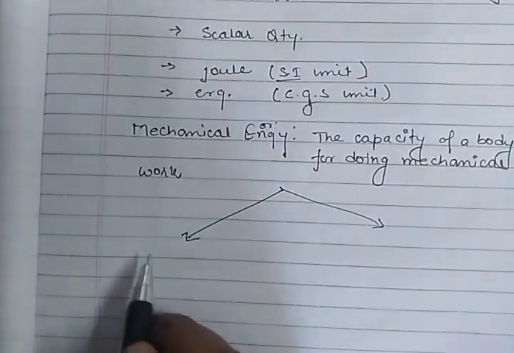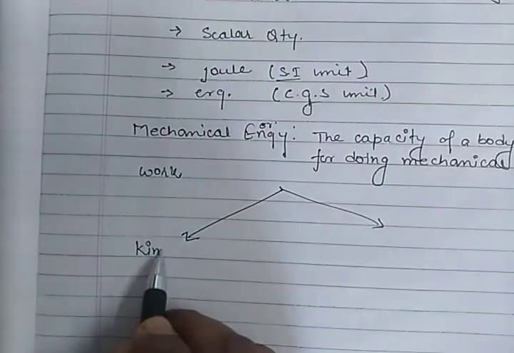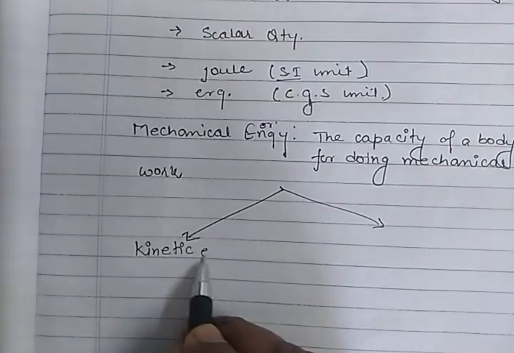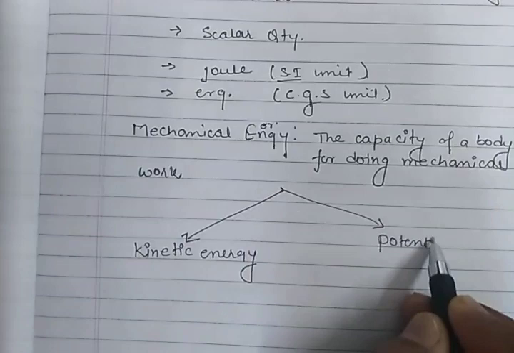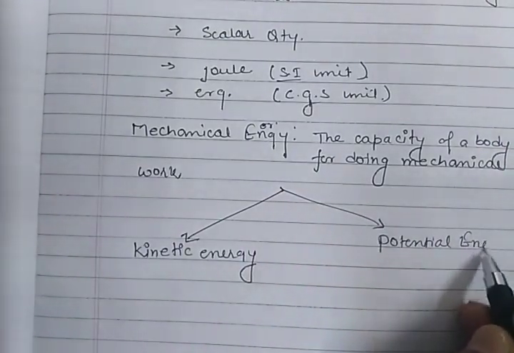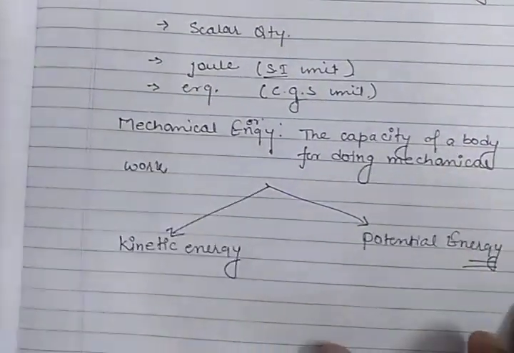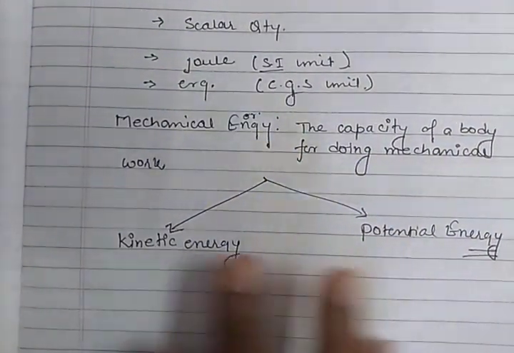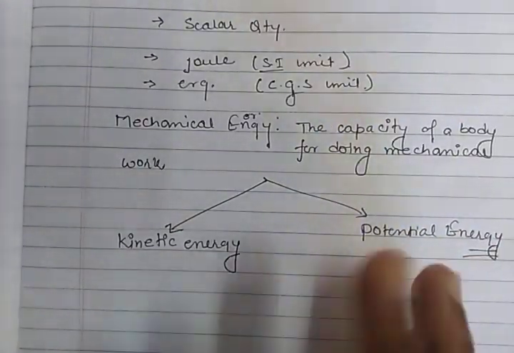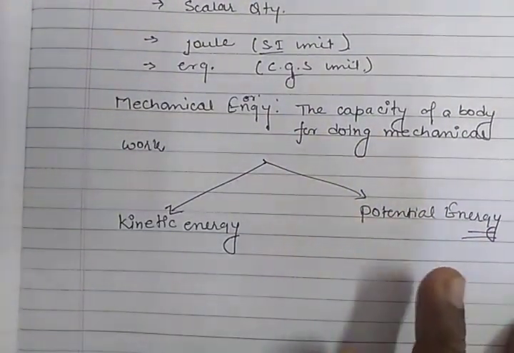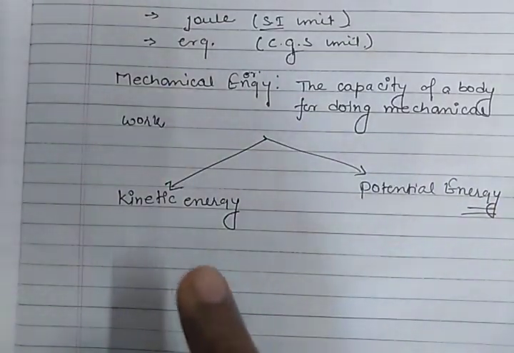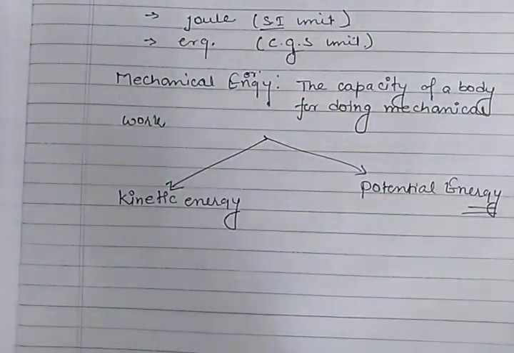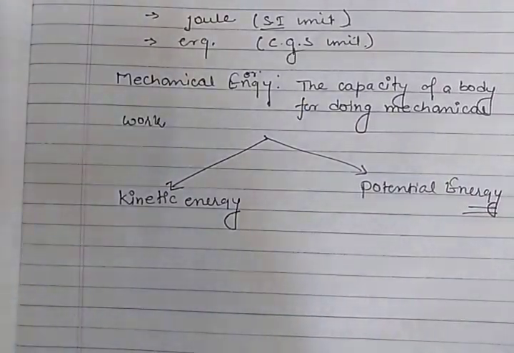This mechanical energy can be further classified into two parts. You are familiar with the two terms, kinetic energy and potential energy. Now we will discuss the two forms of energy, kinetic energy and potential energy, one by one, and then we will also discover whether there is any relation that exists between kinetic and potential energy.